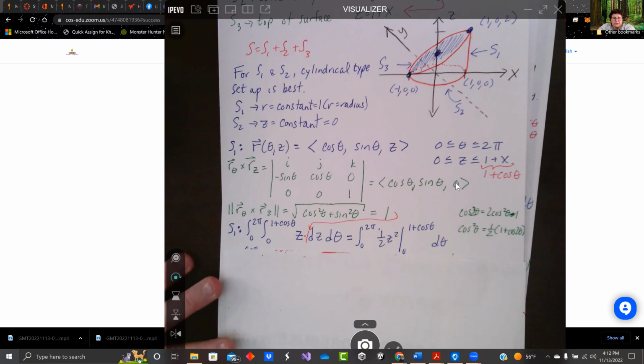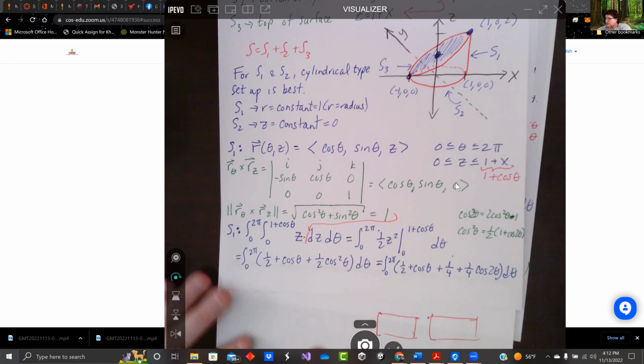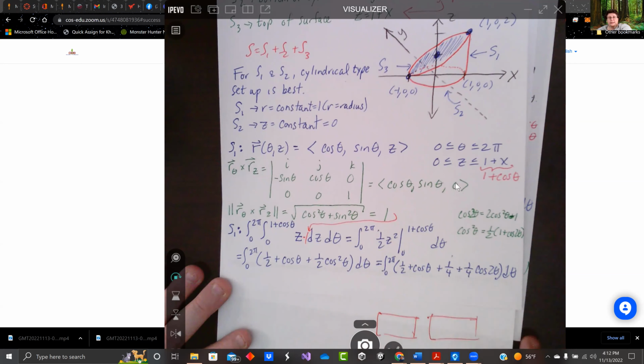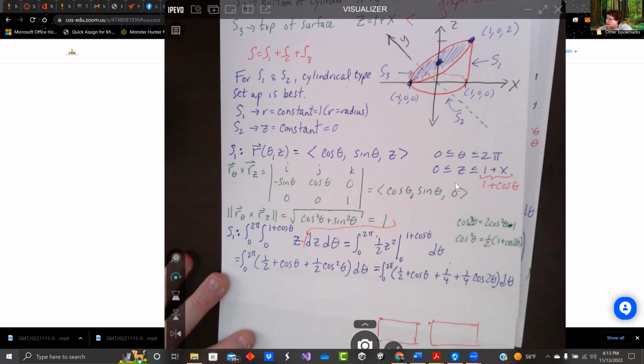So I integrate with respect to z. We've got 1/2 z squared, evaluated at those values. We're going to get a little bit of trig going on. So we've got 1/2 plus cosine theta plus 1/2 cosine squared theta. Again, we're going back to that cosine 2 theta formula. Make the substitution. So I replace cosine squared theta with 1/2 times that.